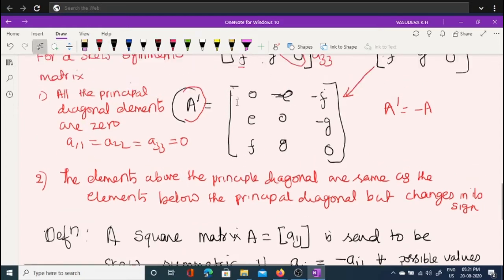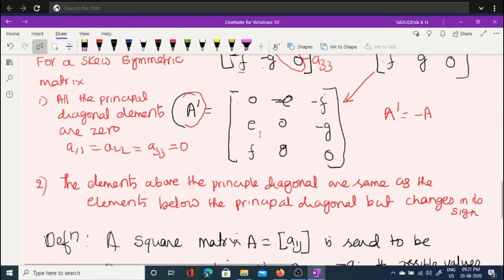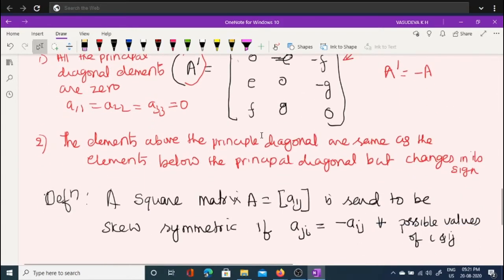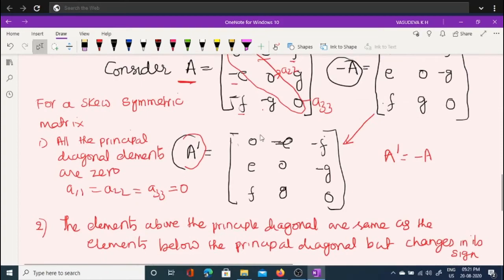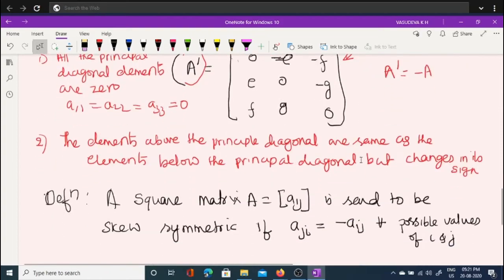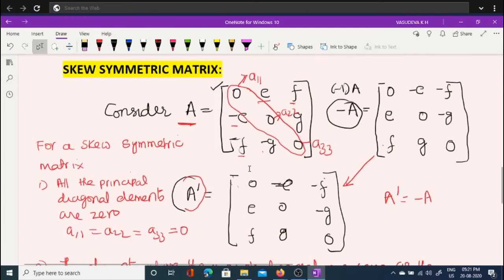Here we can see that A dash is equal to minus A. Actually here Aji is equal to minus Aij for all possible values. Of course here we can conclude this element is A12 and this element is minus A21.